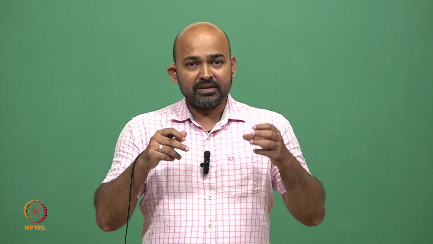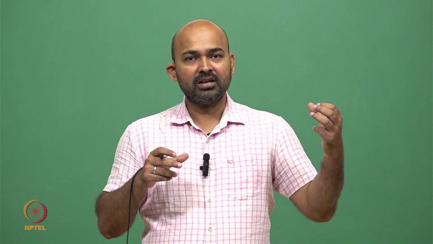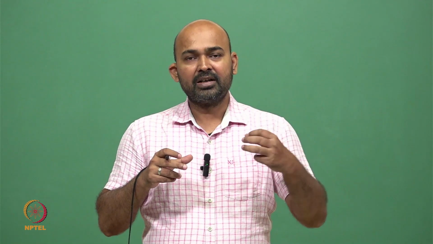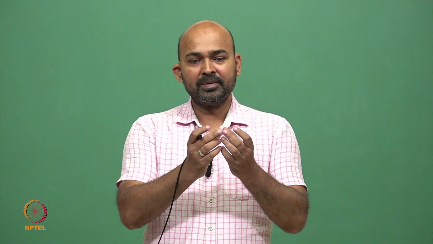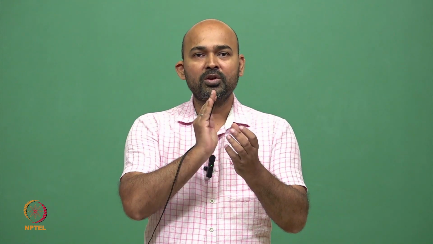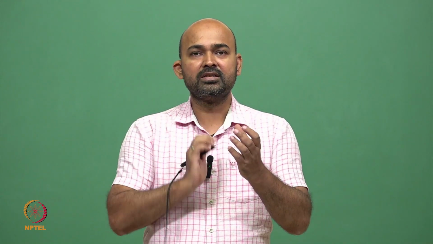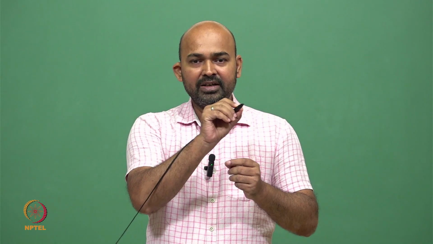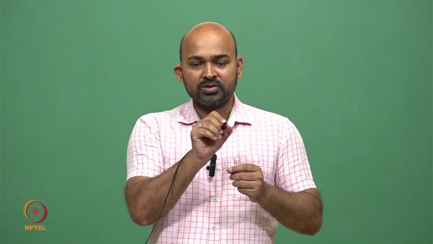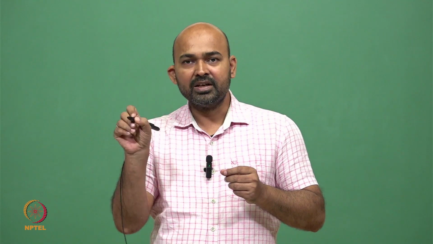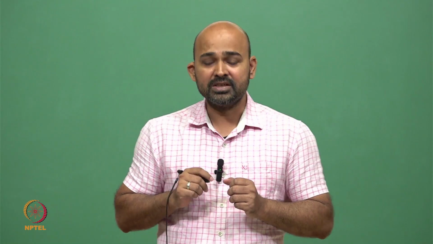So these IDT structures generate the signal from electrical to acoustic wave, and this acoustic wave is generated perpendicular to the fringe of this comb structure or IDT structure. So we have an IDT structure where the pins are in the perpendicular direction, and the acoustic wave will be generated in the horizontal direction, perpendicular to this fringe.